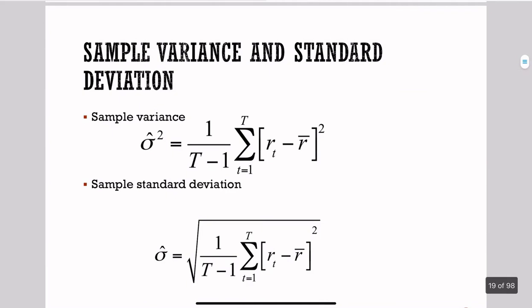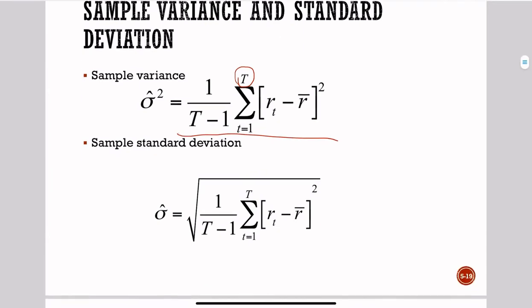Okay, next, sample variance and standard deviation. This really is like a statistics course. So sample variance is defined by this. T is the number of periods. And sample standard deviation is defined as the square root of sample variance.